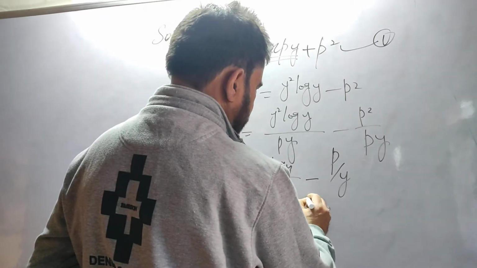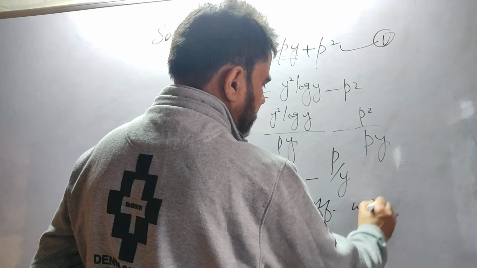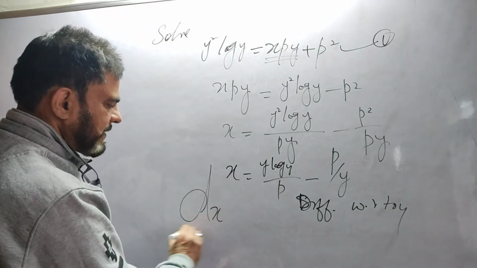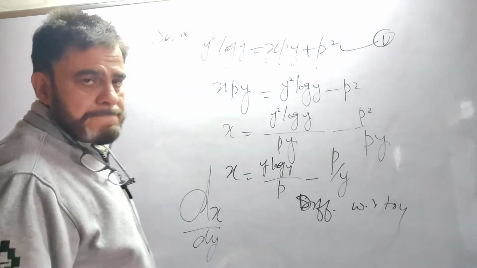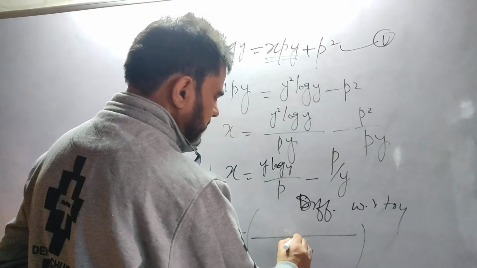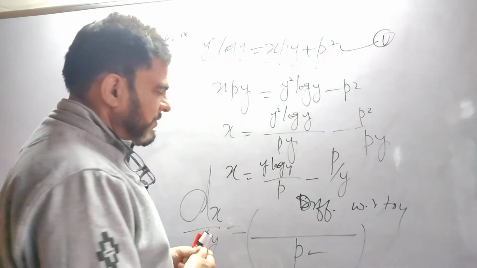Let us differentiate this with respect to y. When you differentiate, what you get? dx by dy is equal to, here division rule, p square, because p is a function of both x and y.